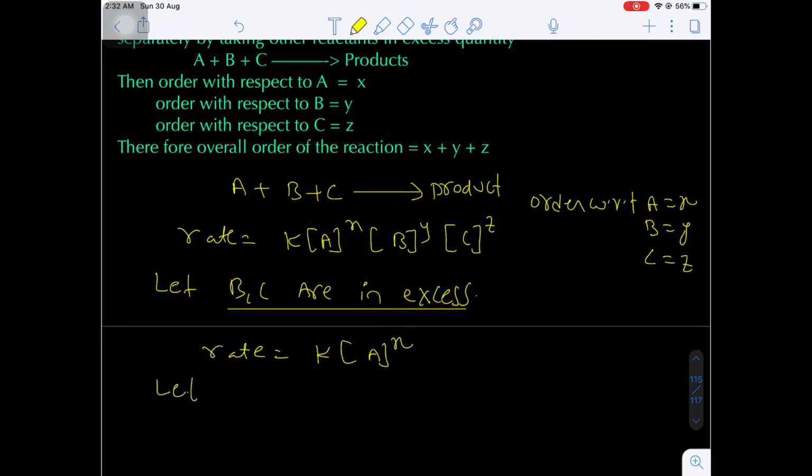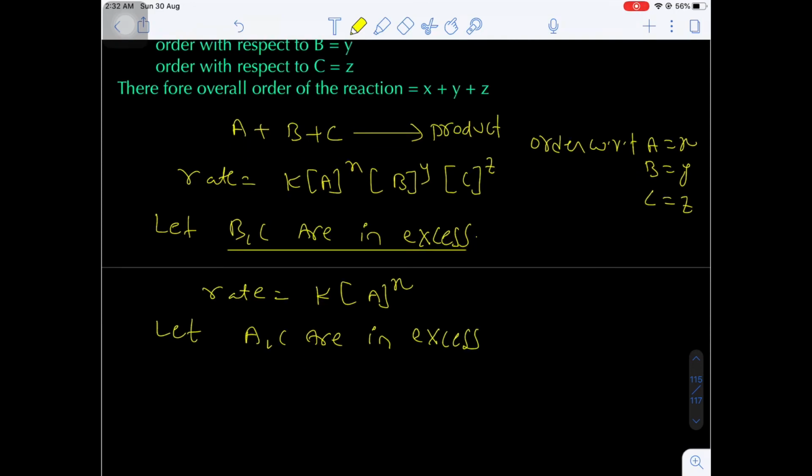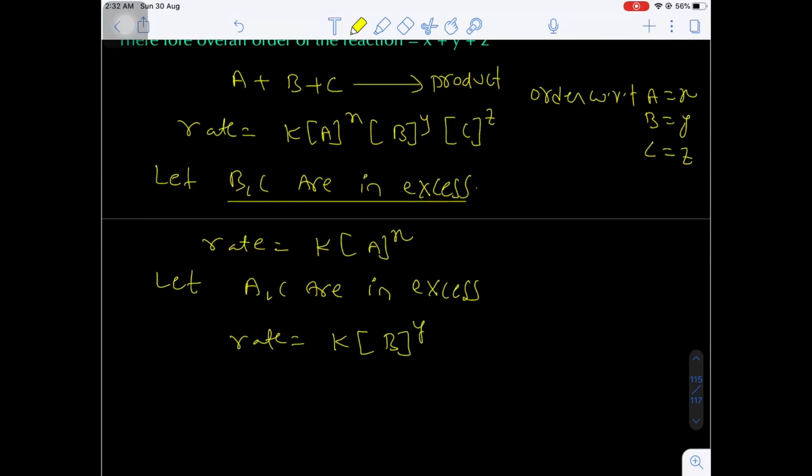In the similar manner, if reactants A and C are taken in excess quantity, changing the concentration of those reactants does not affect the rate. So whatever the rate of reaction, that will be equal to K times the concentration of B to the power Y.